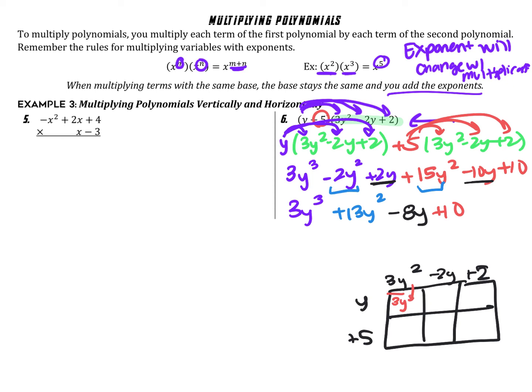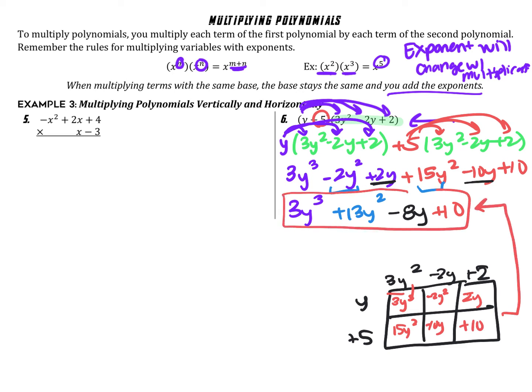In this box, negative 2y times y is negative 2y squared. y times 2 is 2y. 15y squared, negative 10y, positive 10. And then you can combine like terms and get back to this same polynomial expression. So all of those strategies still work. You sort of need to pick what you are the most comfortable with and what works for you.